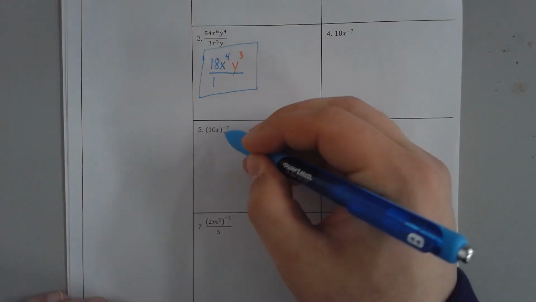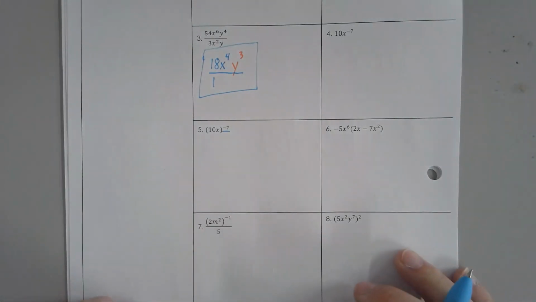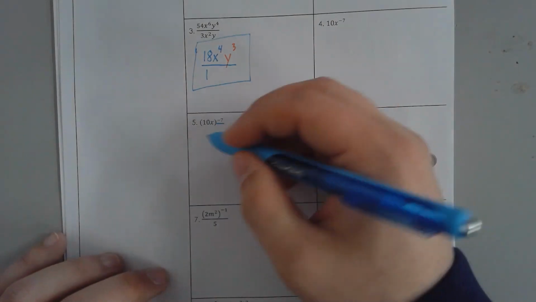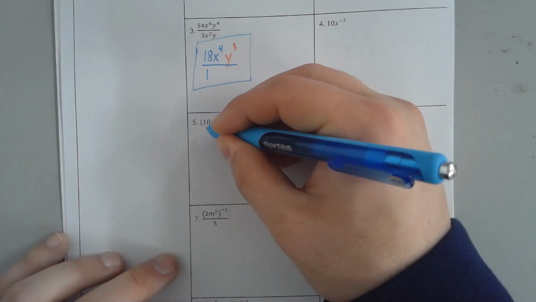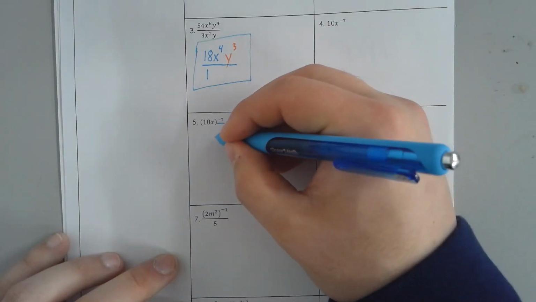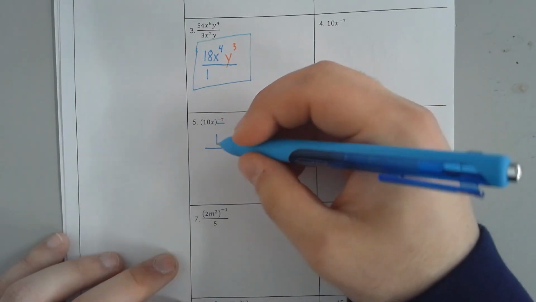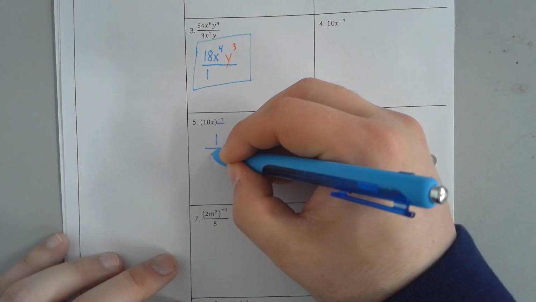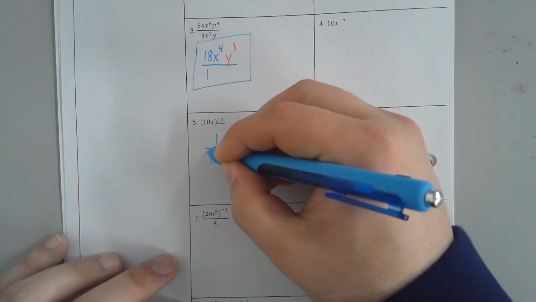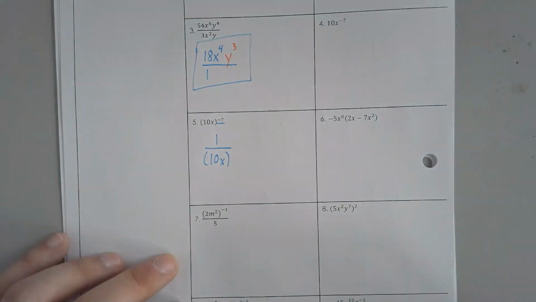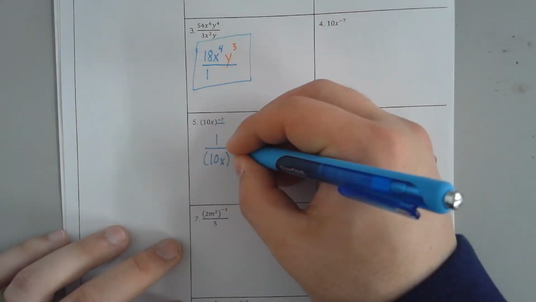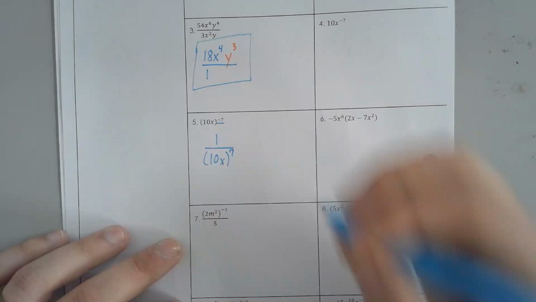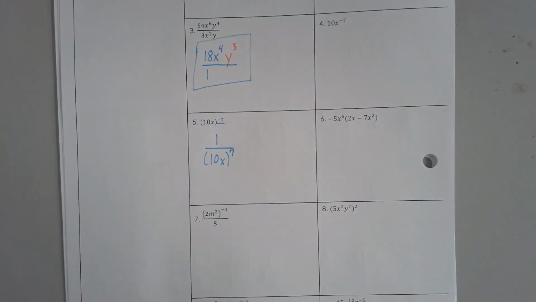So we've got this negative exponent out here. So what did we do with those? We just flip them, right? So instead of 10x, we're going to have 1 over 10x. And what happens to our exponent? It goes from negative to positive. So we've got 1 over 10x all raised to the 7th power.